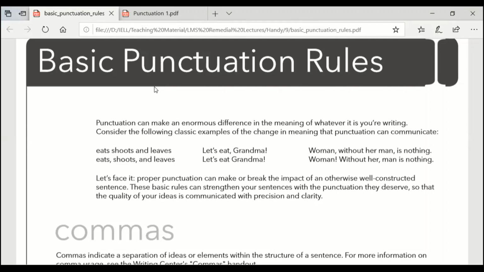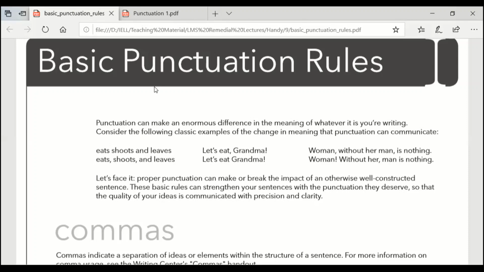Okay, so similarly, there's another example: Woman without her man is nothing. And if you wrongly use punctuation marks: Woman, without her, man is nothing. So we see there are two examples. All the words are the same, used in similar order and same sequence, but only differences in the use of punctuation marks. The first sentence, woman without her man is nothing, means the woman needs a man, otherwise she's nothing.